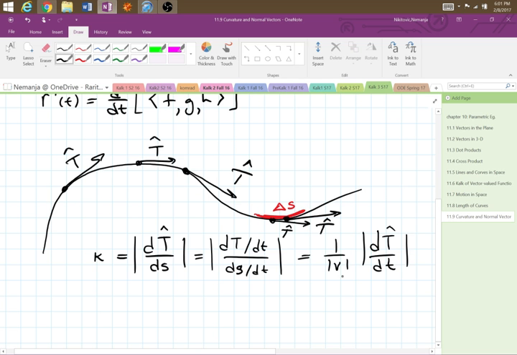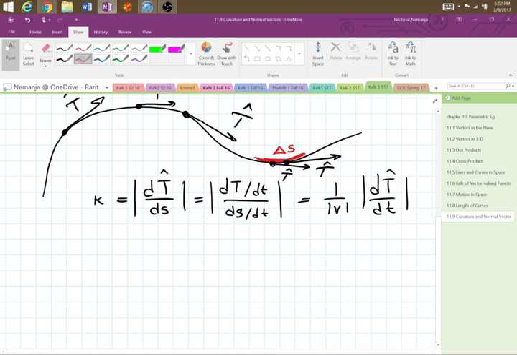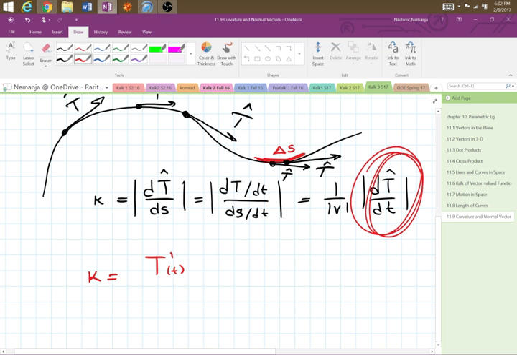Now we know that the magnitude of v is the good old r prime. So the actual formula, I'll write it in blood here, is k equals the derivative of the tangent vector, which is this part, divided by r prime of t.